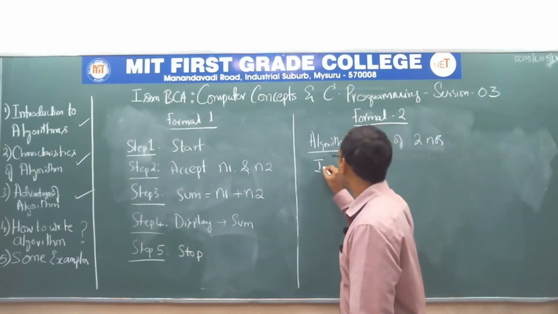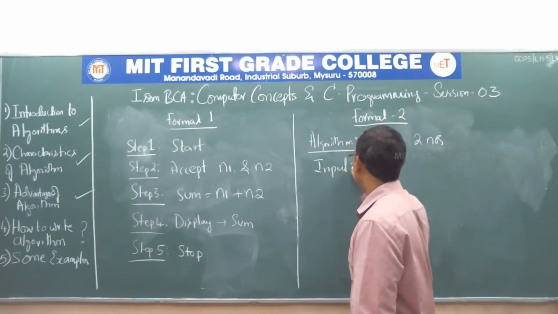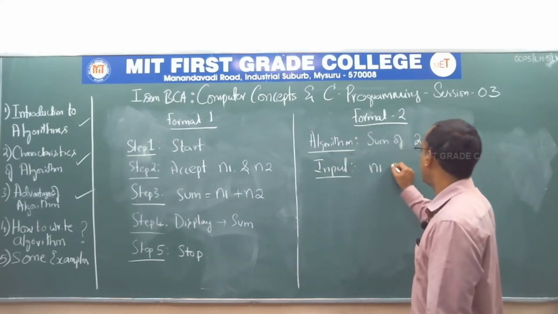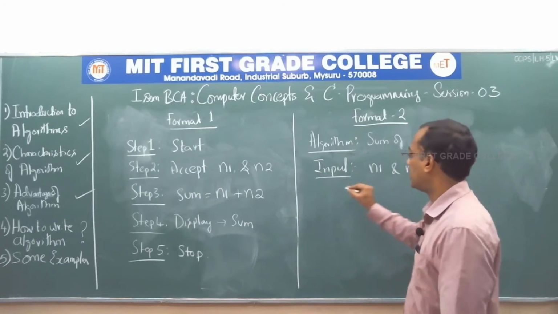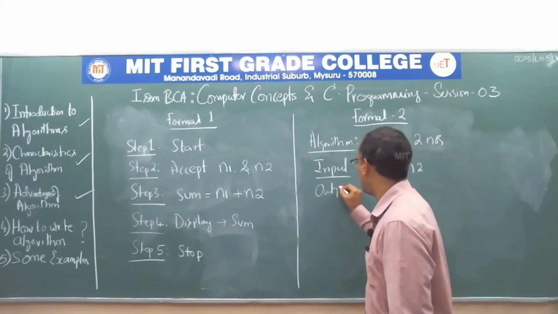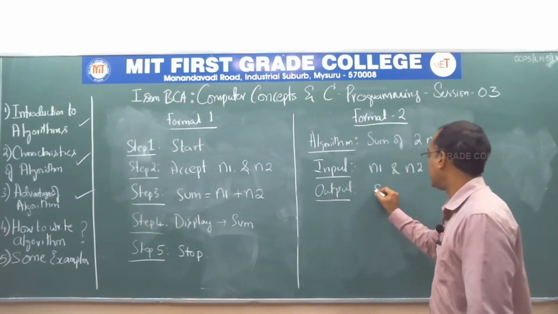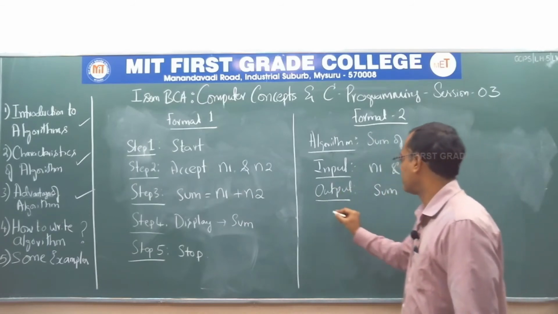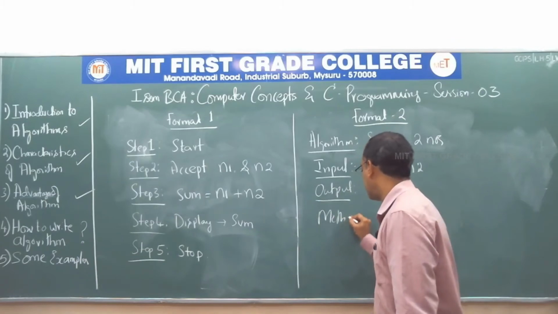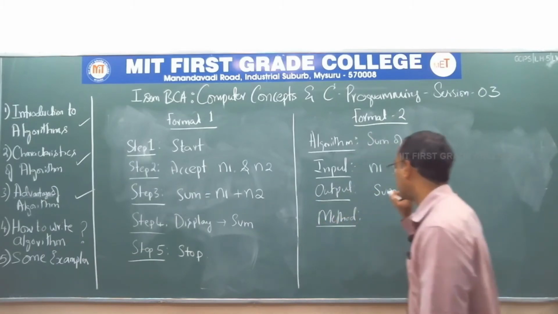In the next step, write the inputs n1 and n2, and what output this algorithm gives, you are going to write down over here. You can call it sum, and in the next section you are going to write the method.